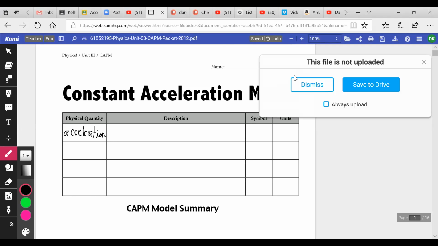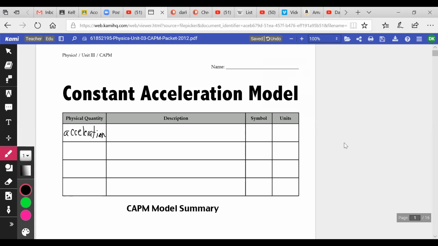So the description of acceleration: the definition of that is changing velocity for a change in time.